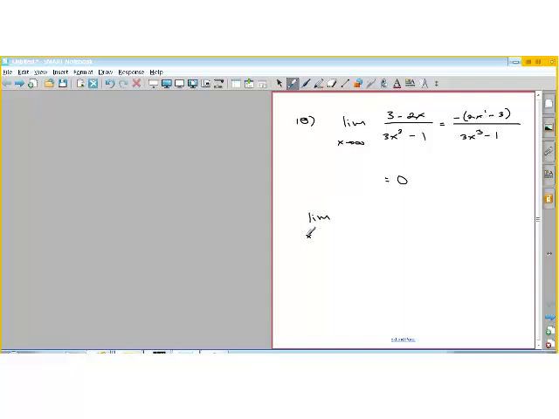Now the second thing is we take the limit as x goes to infinity of 3 minus 2x over 3x minus 1. So again, I'm going to put a negative out front. Negative 2x plus 3 over 3x minus 1. That's the limit as x goes to infinity.